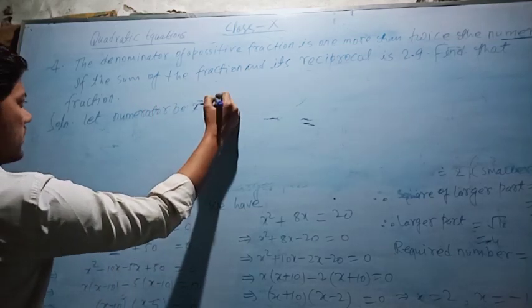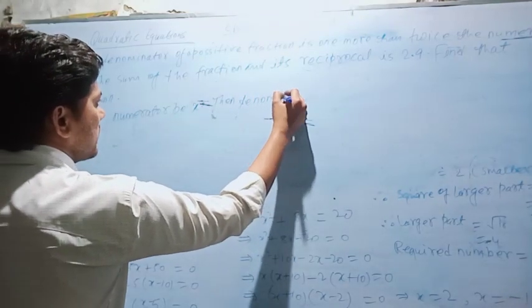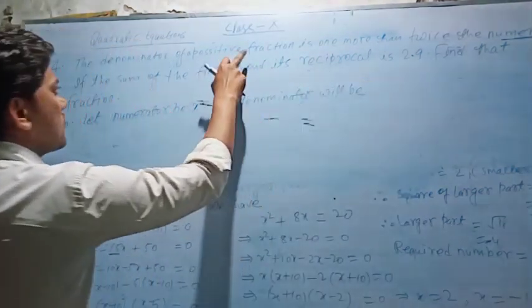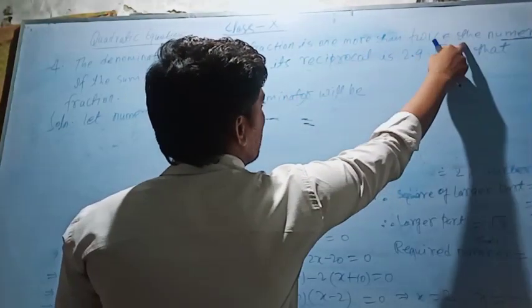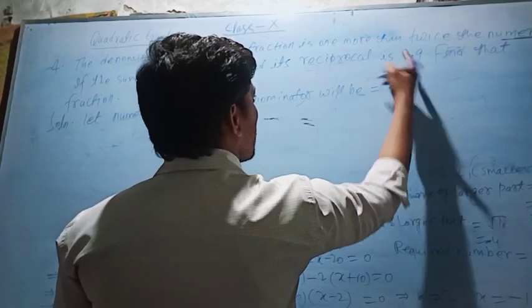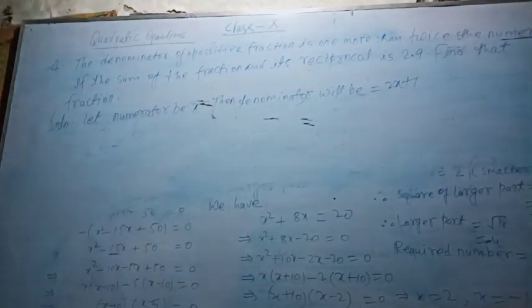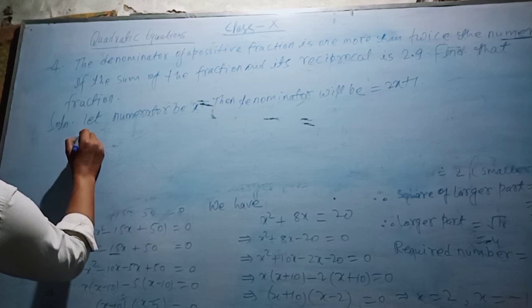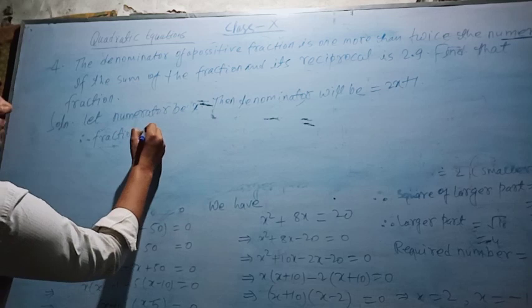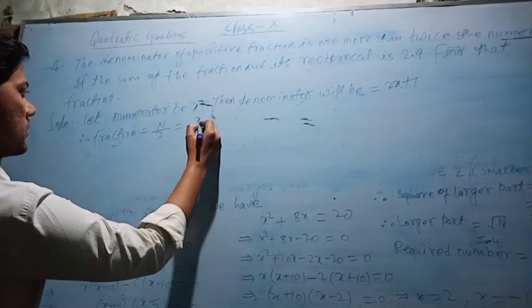Then the denominator will be 2x plus 1. Therefore the fraction is equal to numerator by denominator, x upon 2x plus 1.